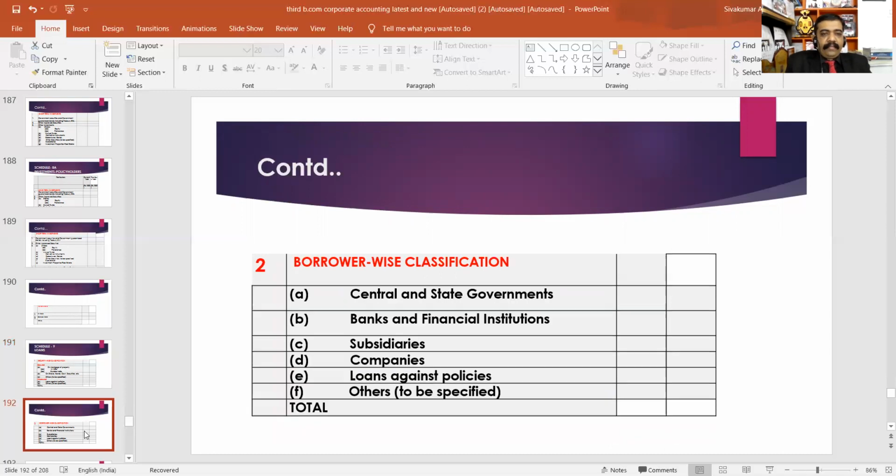Then you have to include the details of loans on the basis of borrower. That is known as borrower-wise classification: central and state government, banks and financial institutions, subsidiaries, companies, loans against policies, others.